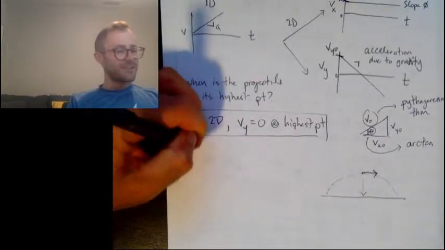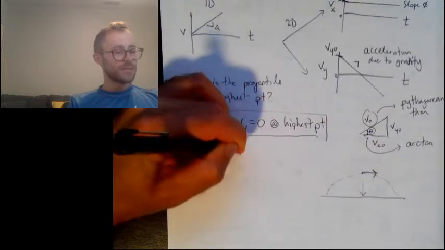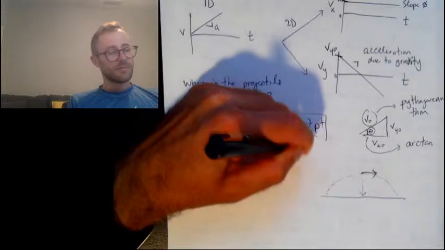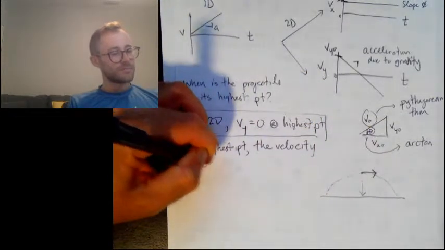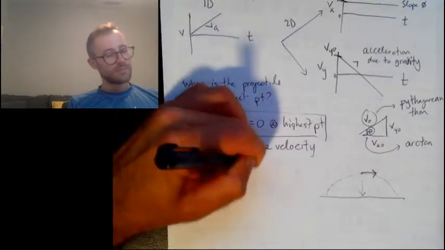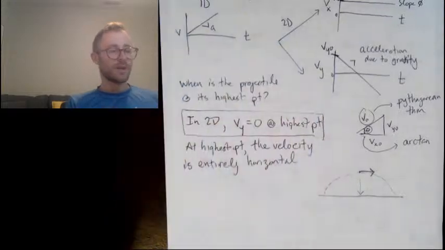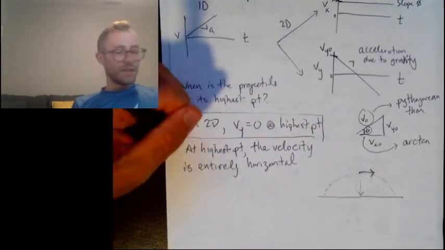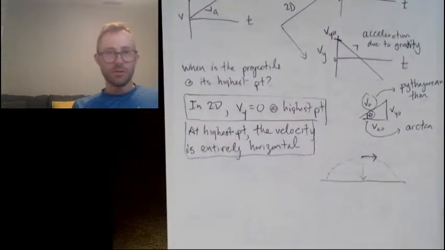So at the highest point, the velocity is entirely horizontal. That's an important point. At the highest point, the velocity is entirely horizontal.